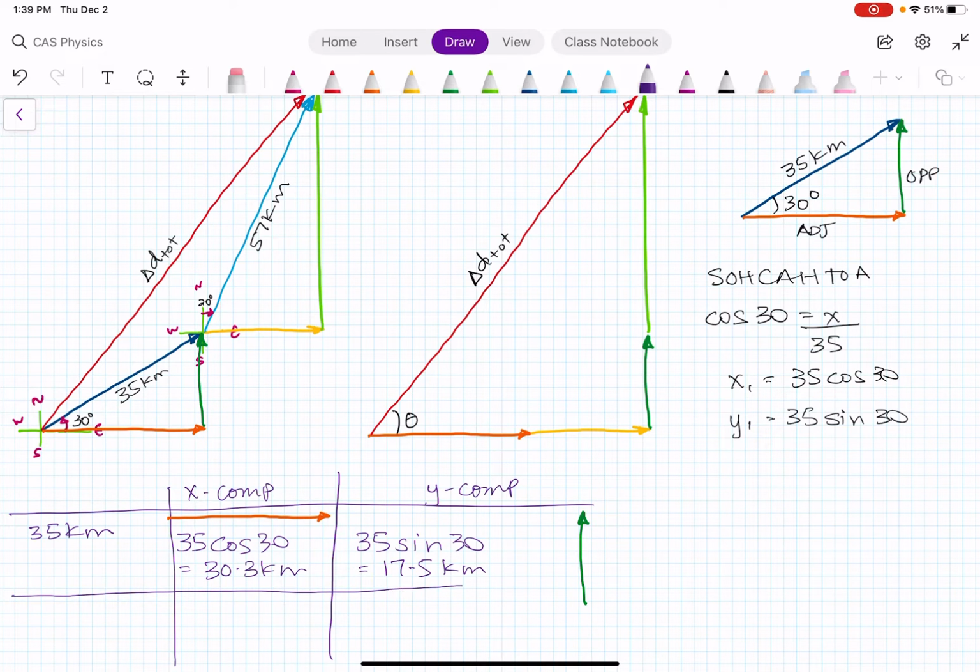So let's move on to the next vector, which is the 57 kilometer vector. I could do the same thing I just did. I want to solve this triangle, right? So I'm going to just put this triangle down here and then copy this one. I'll move it in a second so you can see it.